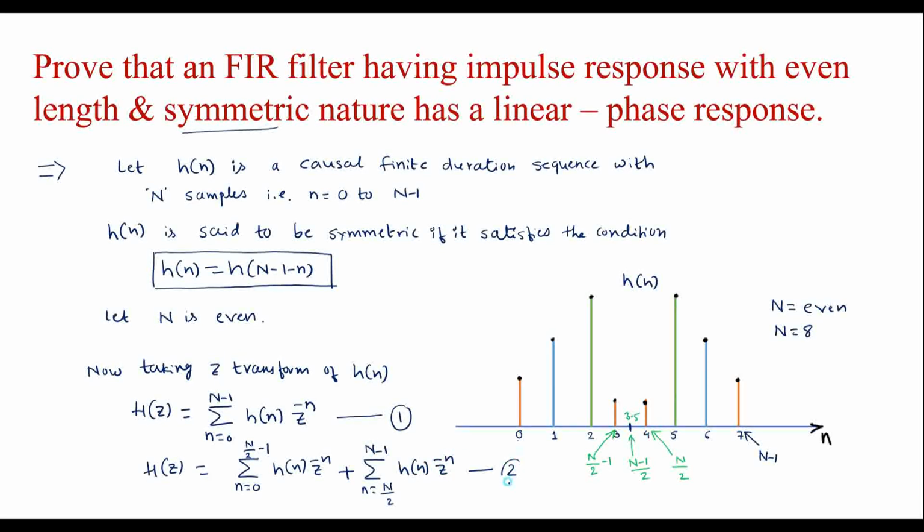Let it be equation 2. In equation 2, I have just split the summation. Instead of taking n equal to 0 to N minus 1, I have split it into n equal to 0 to N by 2 minus 1, that is this part, and from N by 2 to N minus 1.